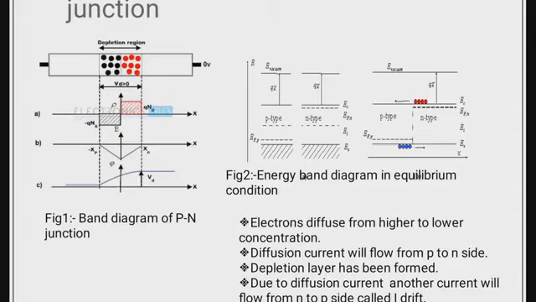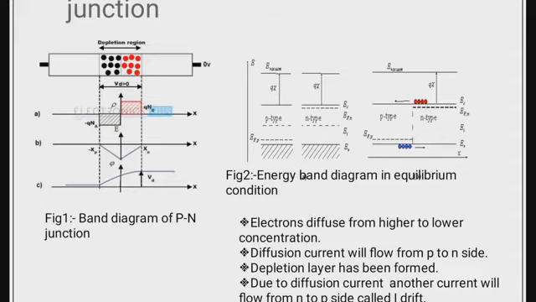Okay. Now in this figure we have seen, after making the contact between P and N, in this energy band diagram, the n-type bead is filled up by plenty of electrons, because n-type means negative, and in n-type the majority particles are always electrons.